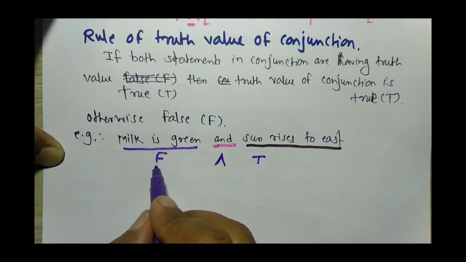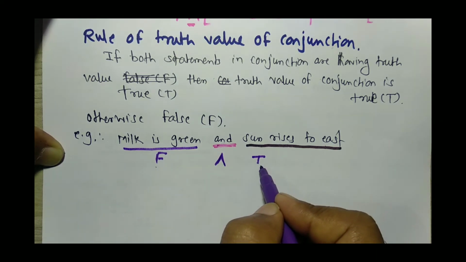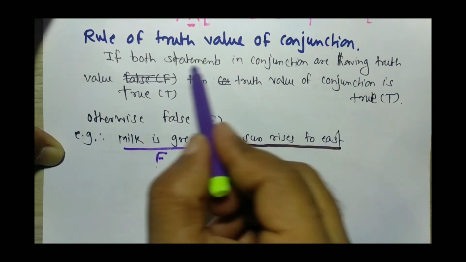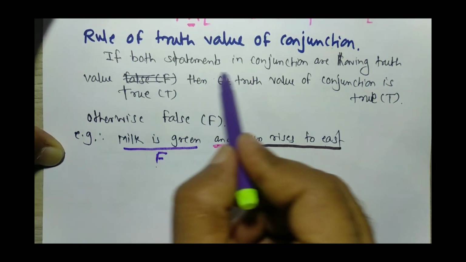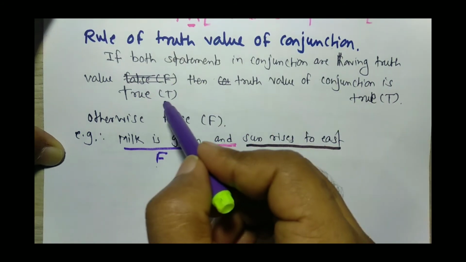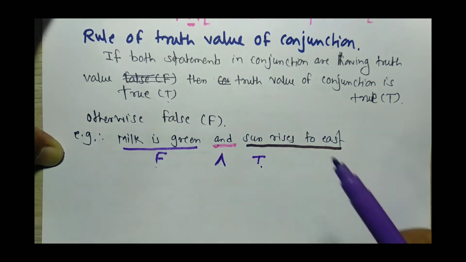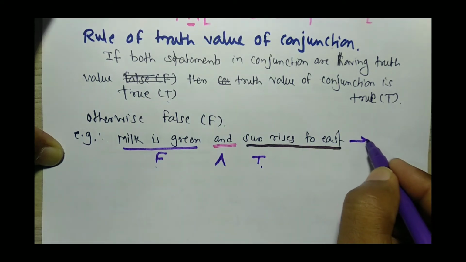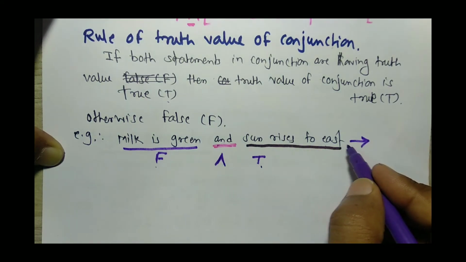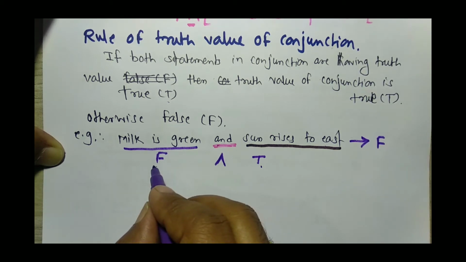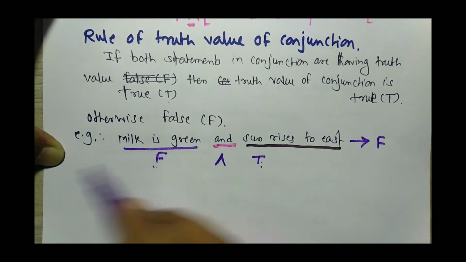That means one statement is false and another is true, but our rule for the truth value of conjunction says that if both statements have the truth value true, then the conjunction is true, otherwise false. That means the truth value of this compound statement is false, because one is false and another is true.